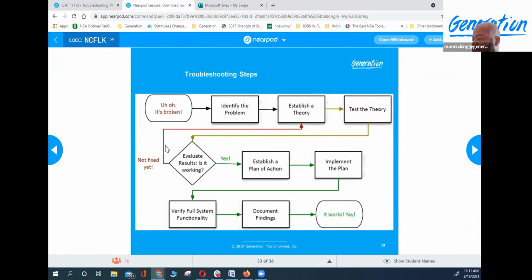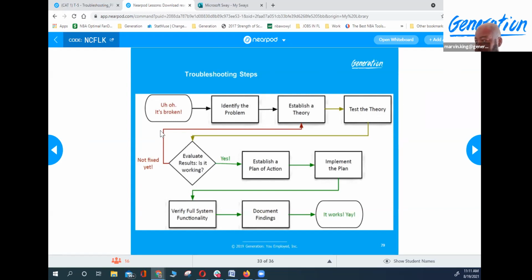So this is a chart, and I think this is the one that Kelly told you to make a copy of or something similar. So this is kind of like a flow chart. If you haven't seen one of those before, you can go back when you can't resolve something. So it's broken. So we have step 1, identify the problem. Step 2, establish that theory. Step 3, test that theory. If by any chance we have to evaluate, see if it's working.